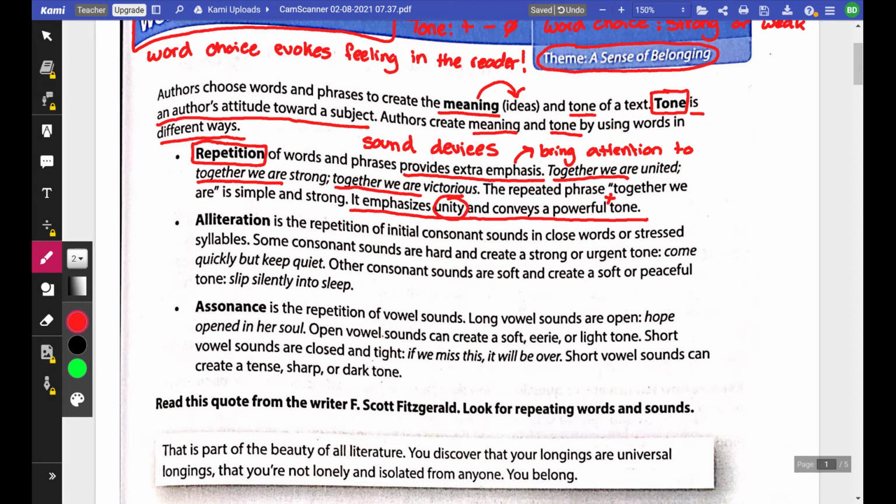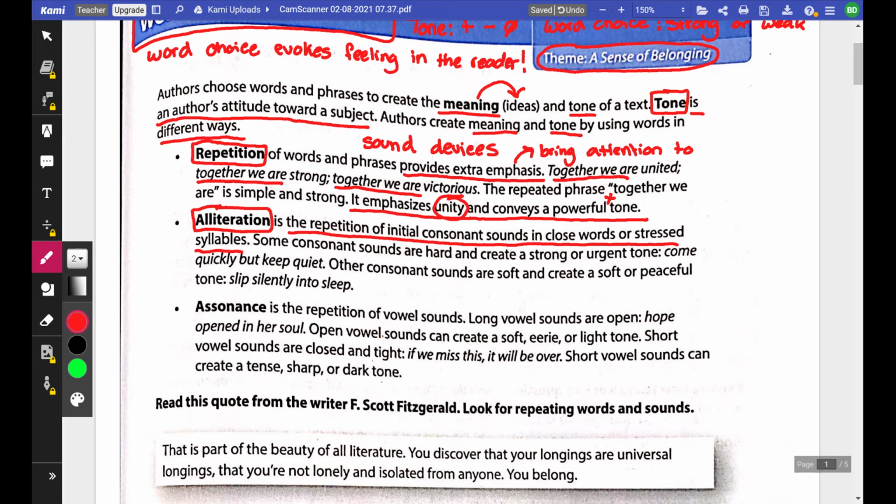So let's move on to alliteration and look at what it says about alliteration. So, alliteration is the repetition of the initial consonant sounds in close words or stressed syllables. So, the repetition, once again, we know repetition means repeating that initial consonant sound in close words or stressed syllables. When it says close words, it means words that are close to one another in a text.